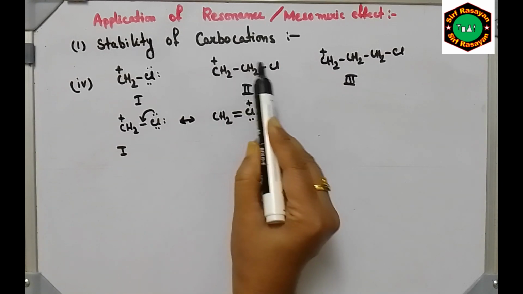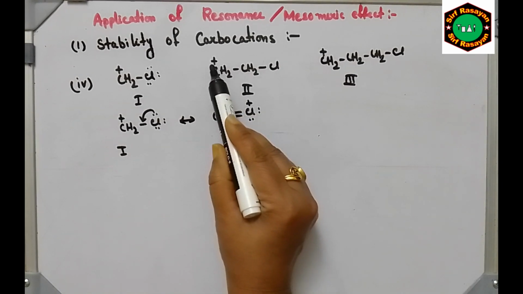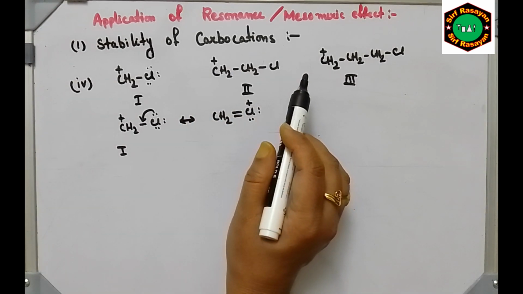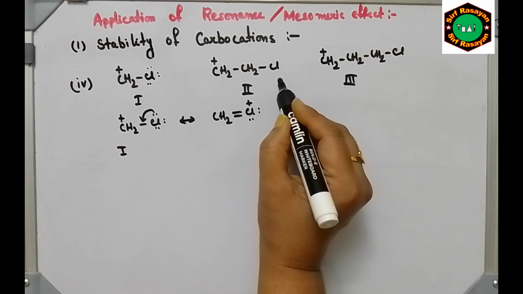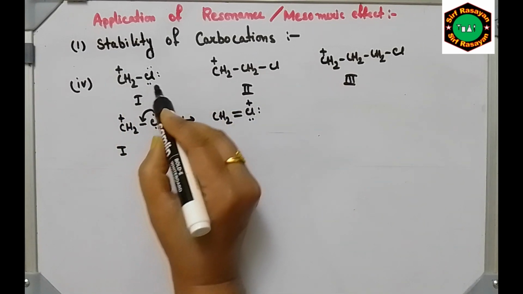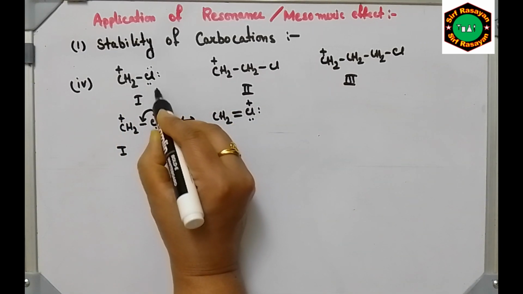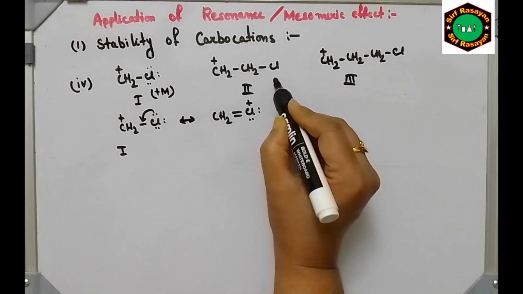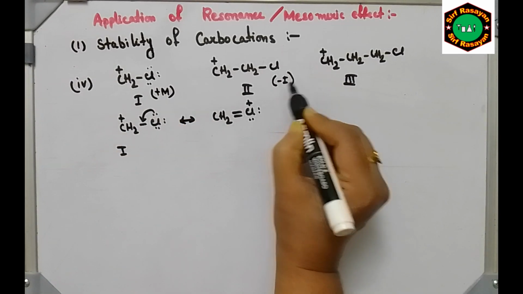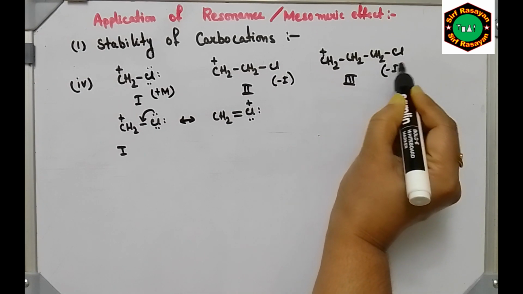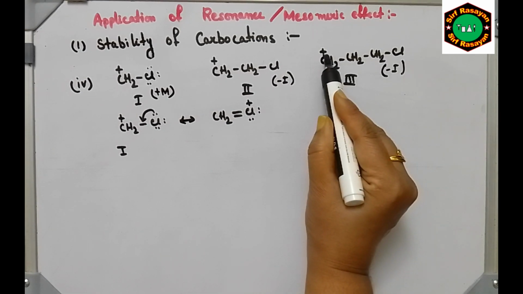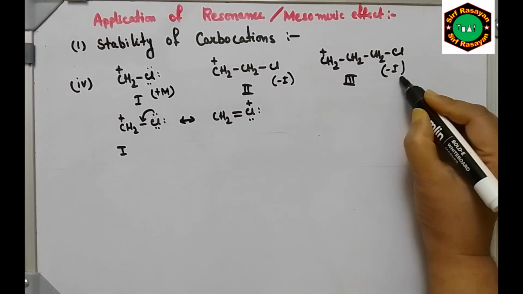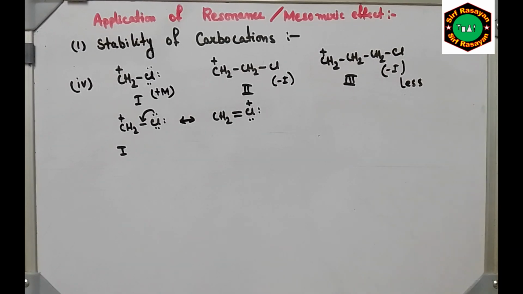Since here there is no resonance because positive charge and lone pair are not in conjugation, what do we have to think? We have to think about minus I effect. Here plus M effect we are considering of halogen chlorine. Here we have to consider minus I effect. Here also minus I effect. Since positive charge is far from Cl here, there is less minus I effect and here it is more.